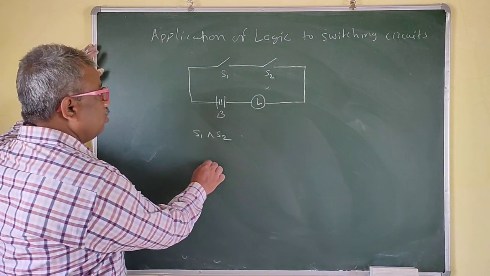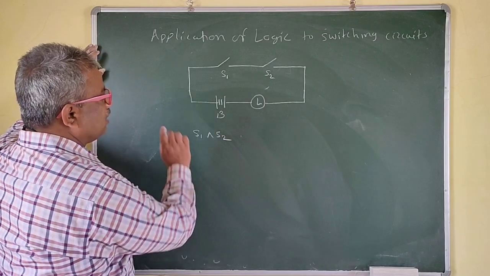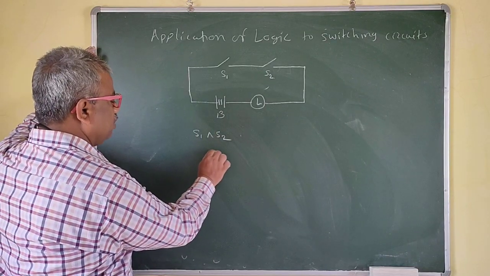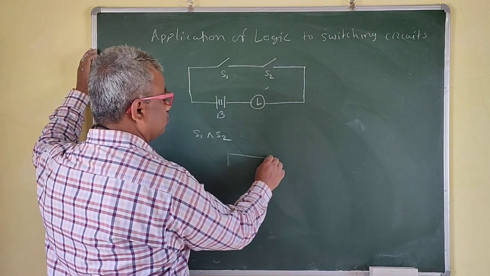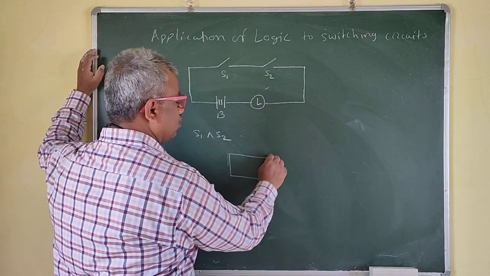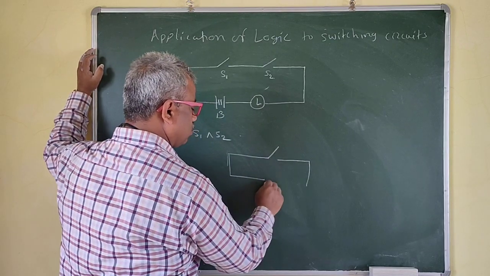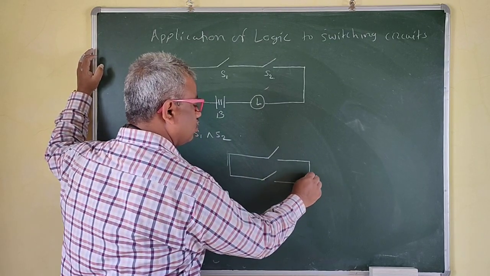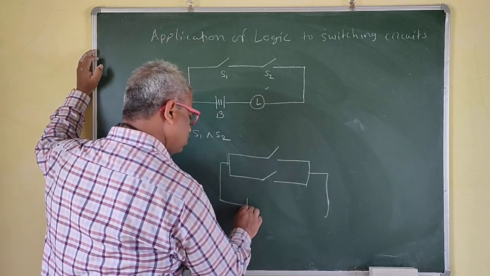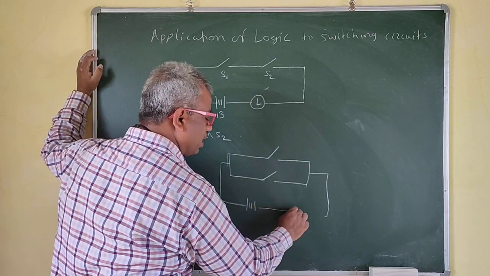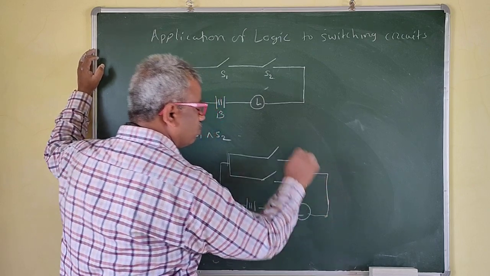Now suppose these are series. We'll take the parallel now. For parallel, this is your battery, this is your bulb, this is your circuit.